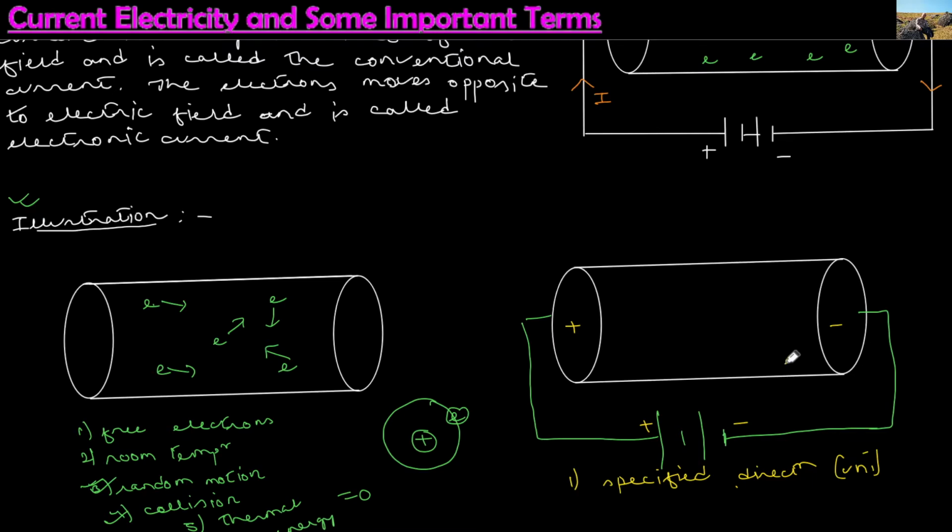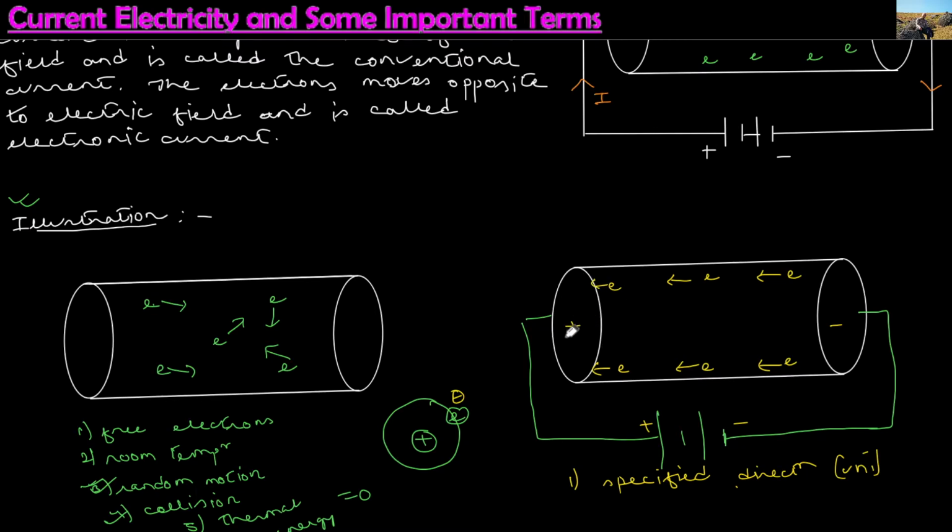You know that there will be free electrons on the wire, and since electrons are negatively charged, according to the rules of electrostatics they will always experience Coulomb's electrostatic force of attraction. So it will attract this positive plate, and all these electrons will move towards the positive end.